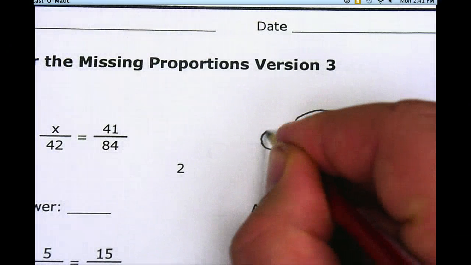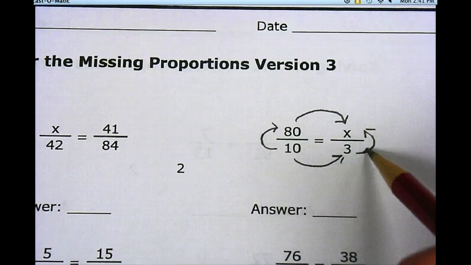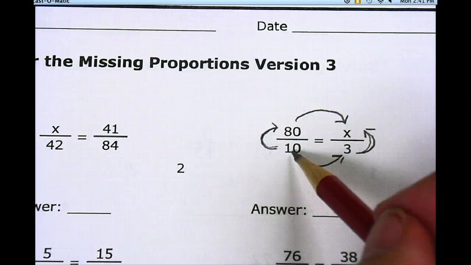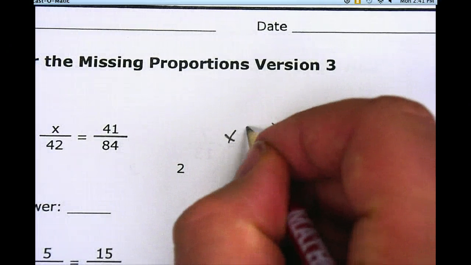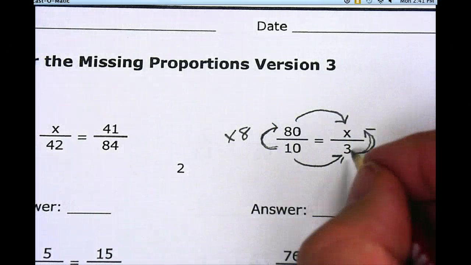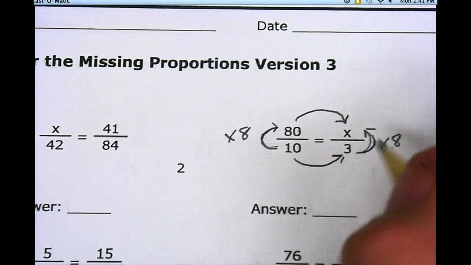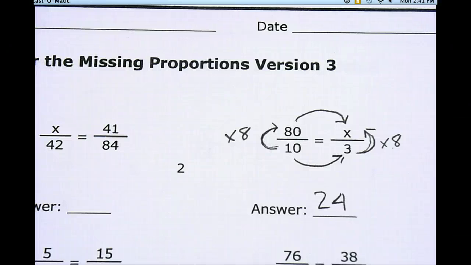I'm going to draw my arrows like this so they go towards the variable. The key for this is I always draw my arrows so they go towards the variable. And the arrows have got to be going the same direction. The arrows are going up here, so they've got to go up there. Now what's the relationship between 10 and 80? Well, I could just multiply 10 by 8 to get 80. So I'll take 3 times 8 to get my answer. 3 times 8 is going to be 24. So my answer for that one is just going to be 24.